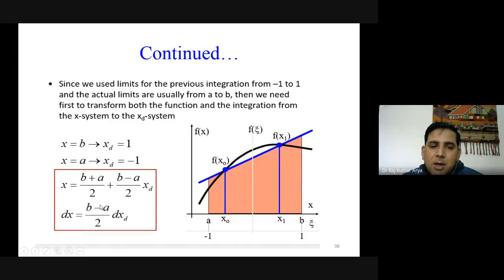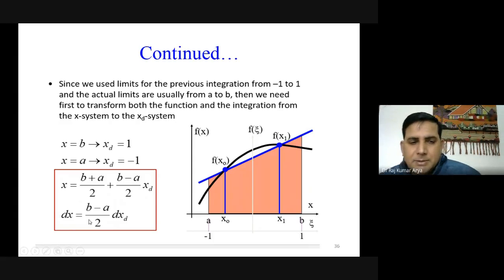Now, because you want to integrate f(x) over dx, x has been converted in terms of zeta, which is this one. Now you want to convert dx into d zeta. So you can differentiate this. The differentiation of this, dx, would be (b minus a) by 2 into d zeta, correct?